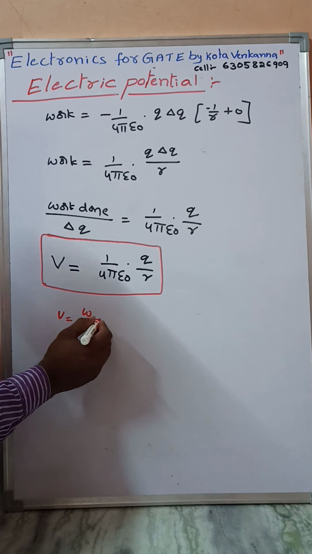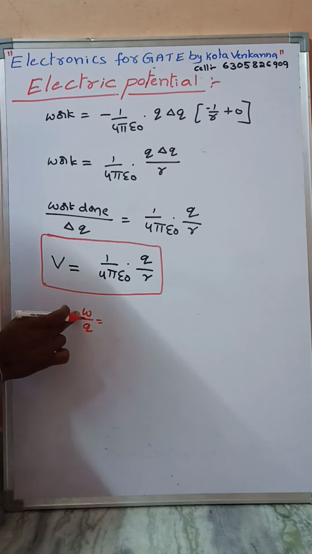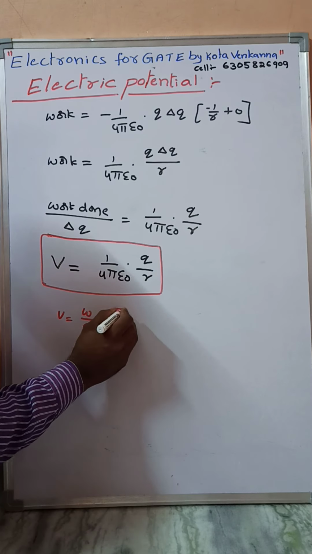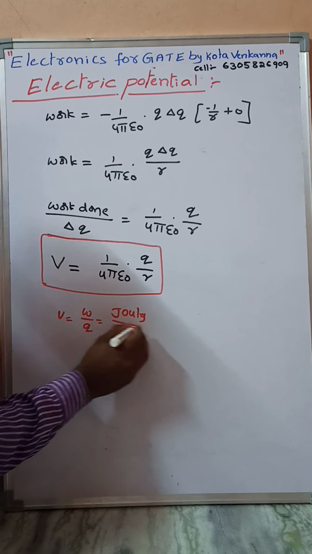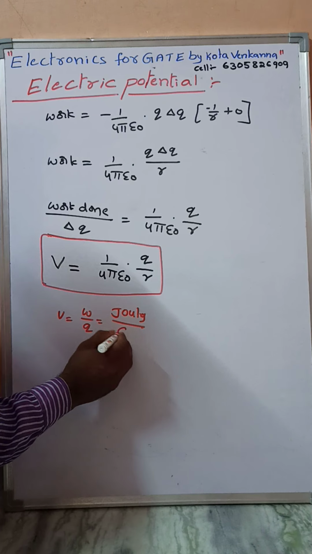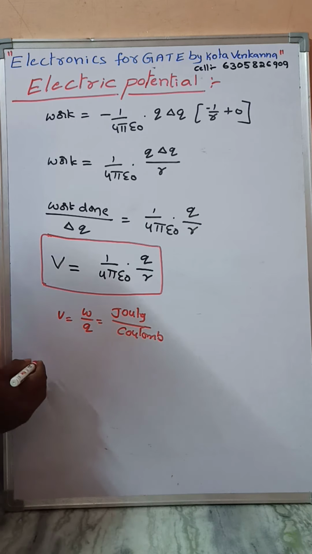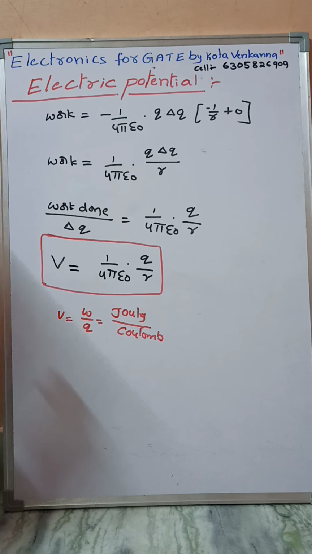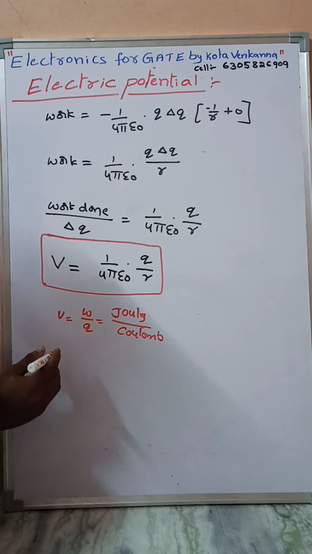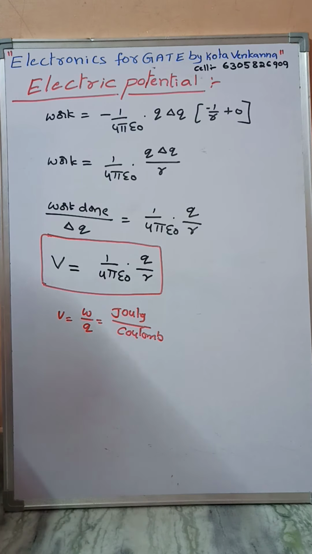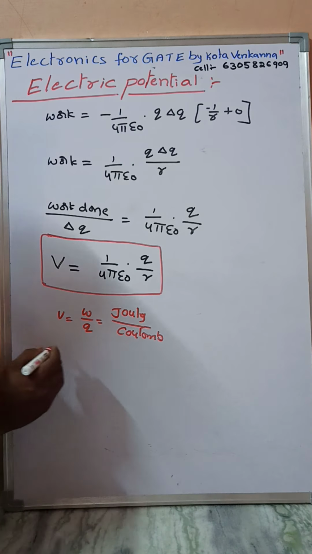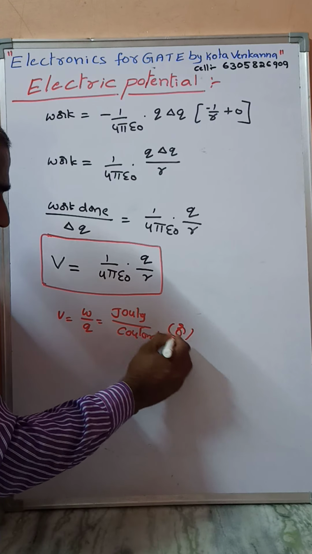So the units are work in joules per unit charge in coulombs. So the units of potential are joule per coulomb, and another unit for potential is volts.